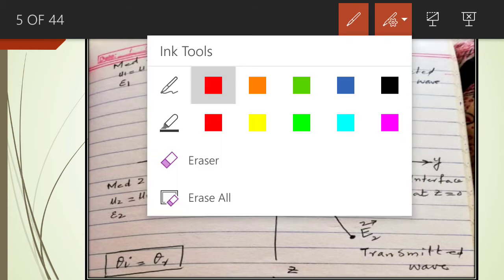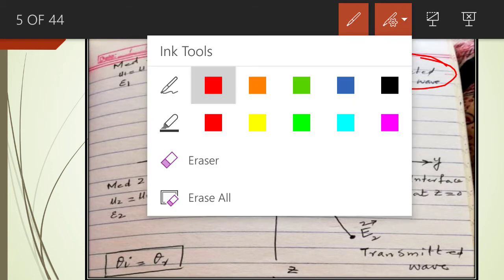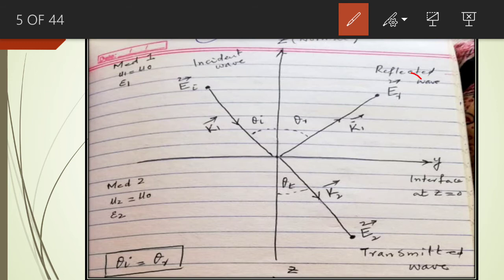We consider the reflected wave now. A fraction of the energy of the incident wave will be reflected from the interface, and this wave is known as reflected wave. So some energy of the incident wave will be reflected back to medium number 1, and this energy is represented with the help of the reflected wave. The electric field intensity of the reflected wave is represented by ER.